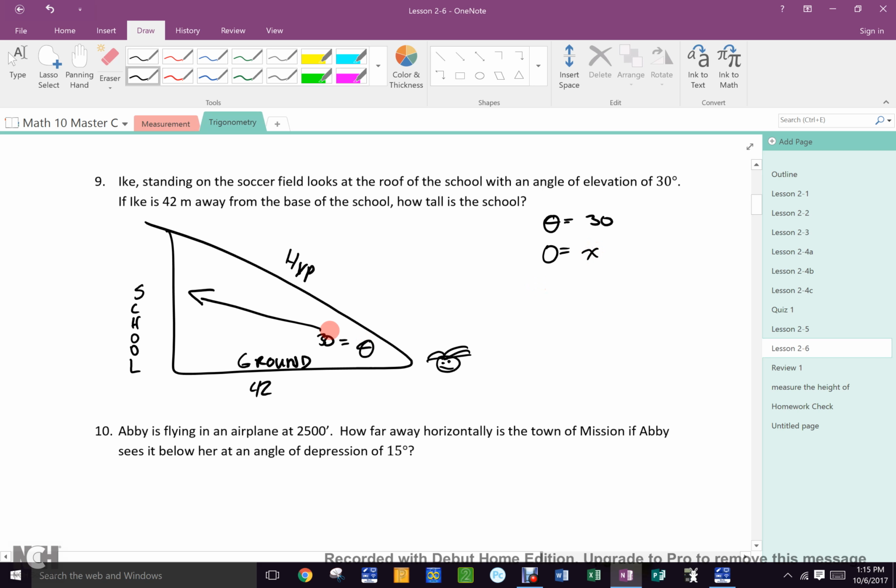No. What is this side? 42. What uses O and A? Tan. Tan 30 equals O over A. How do you get rid of divide by 42? 42 tan 30 equals. And then you go to your calculator.